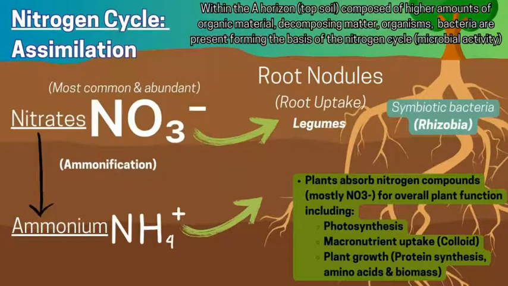An important part of the nitrogen cycle is called assimilation. This is the term used for when the plant uptakes the nitrogen compounds, mostly nitrates and some ammonium, and uses that nitrogen for various functions and processes within the plant, namely growth and health of the plant.